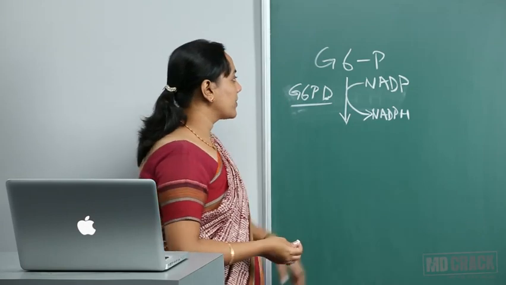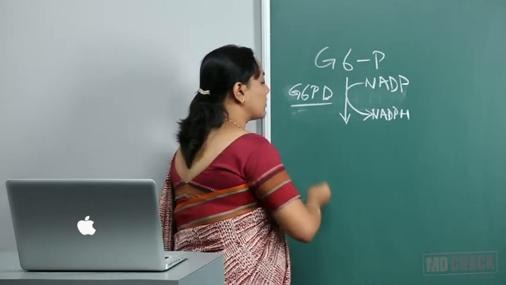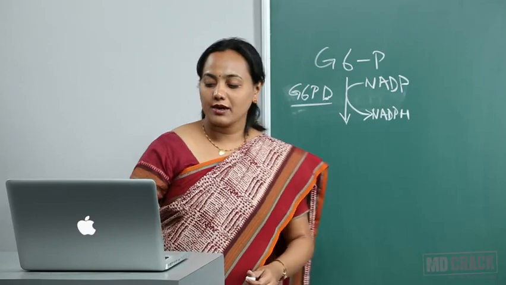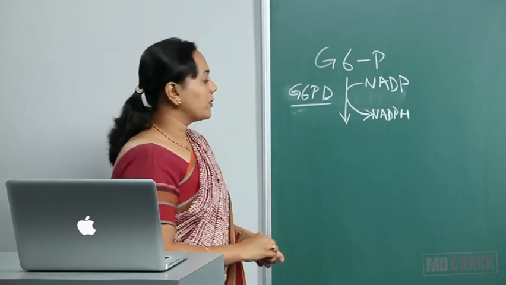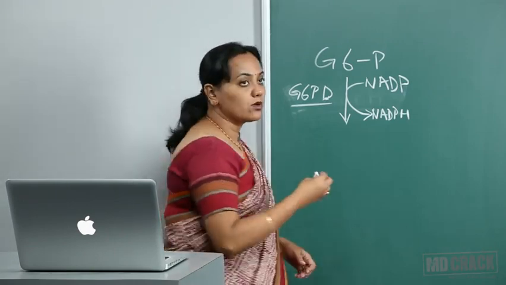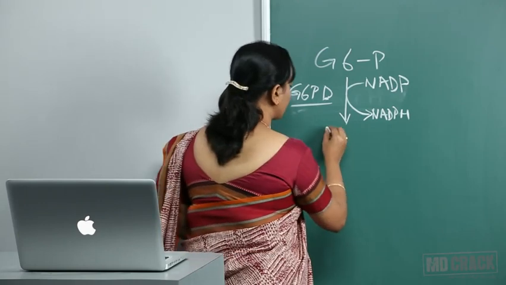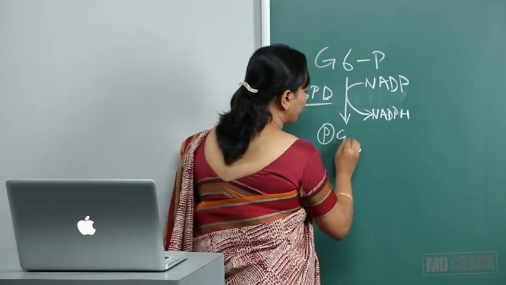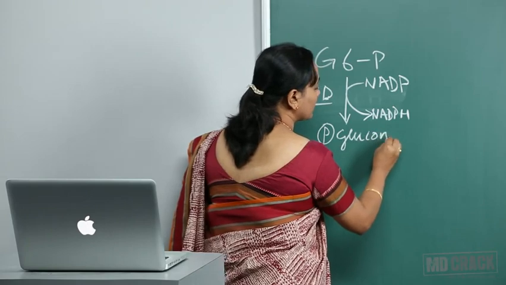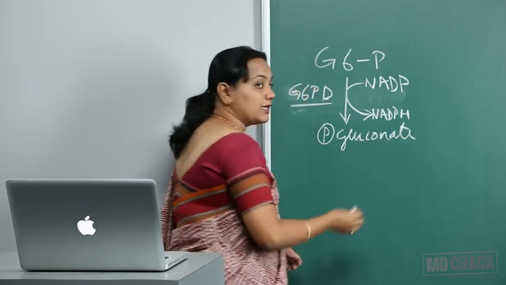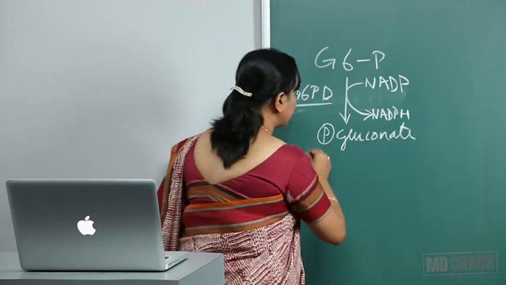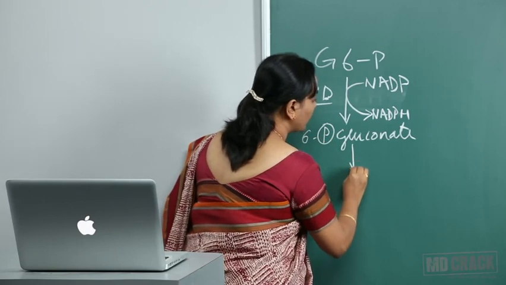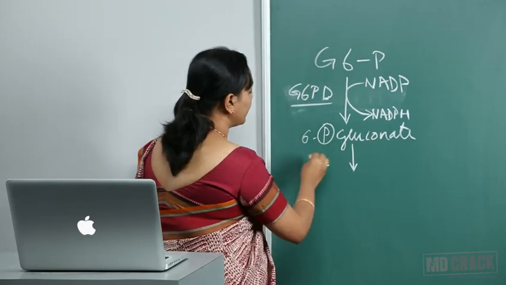So NADPH is produced, and glucose 6-phosphate gets converted to phosphogluconolactone, an intermediate, but most importantly it forms 6-phosphogluconate. The intermediate is not so important, but more important is the next enzyme, 6-phosphogluconate dehydrogenase.